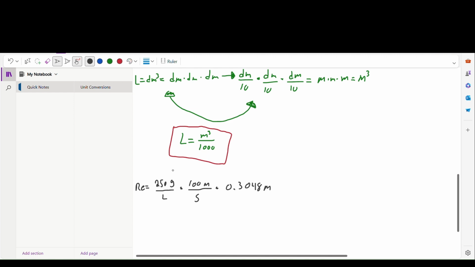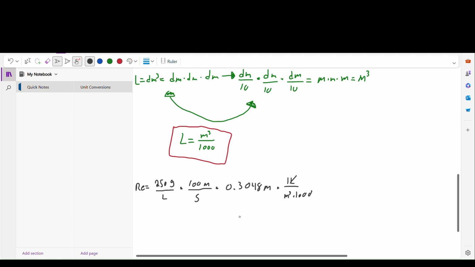meters. And what did I say right here? A liter is a meter cubed divided by 1,000, which would mean a meter cubed is a liter times 1,000. So I'm going to go like this, times, we will do, a liter is a meter cubed times 1,000. So we'll do 1 liter, and then we'll do meter cubed times 1,000.